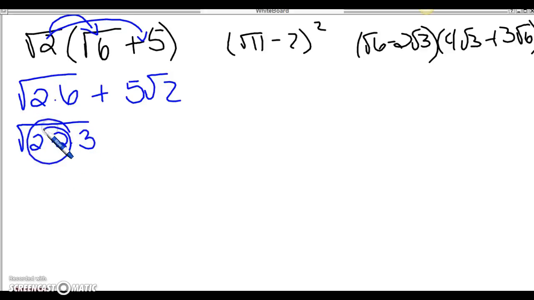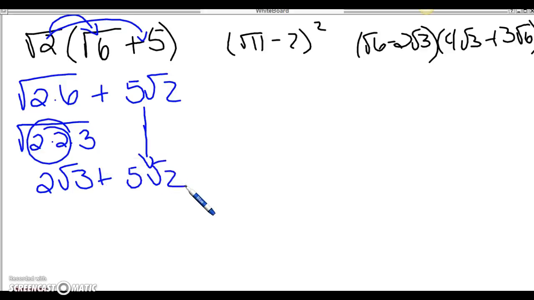So I have 2, so one comes out, and I'm left with 2 root 3, and I'm just going to bring down this plus 5 root 2. So that's simplified. For the next one, I can use the rule for squaring. It's the square of the first plus or minus 2 times the first times the second plus the square of the second.